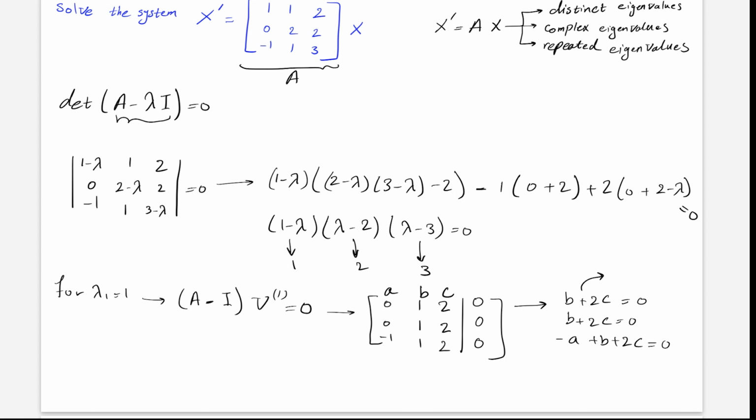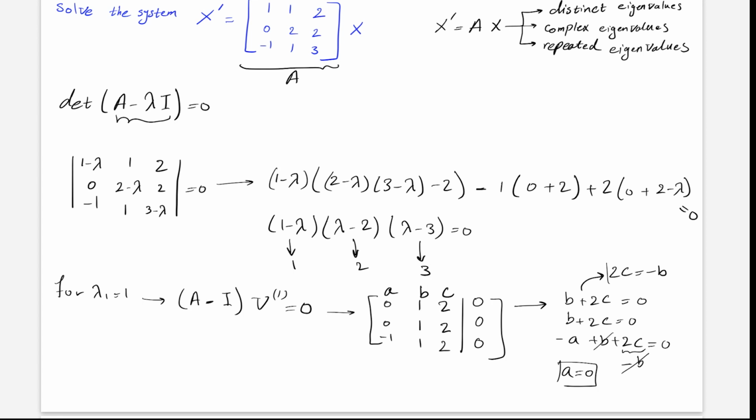From the first equation, 2c will be minus b. If we plug it here, 2c will be minus b, and the b's cancel. From here we can definitely say a equals 0.